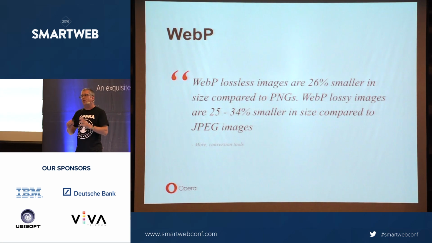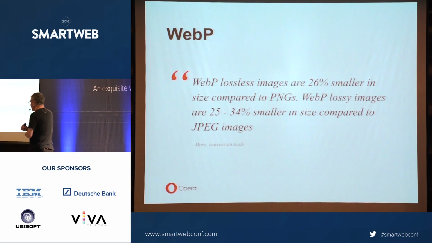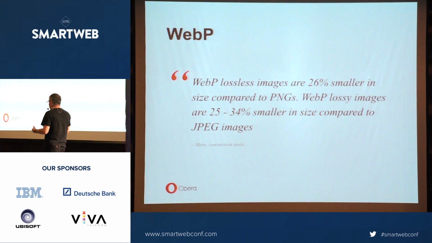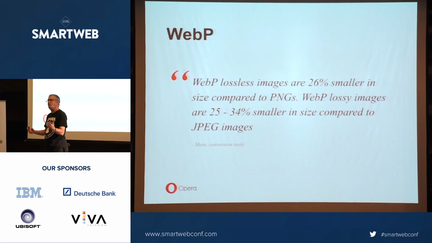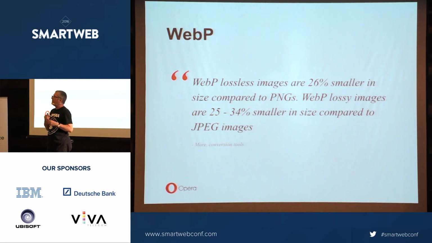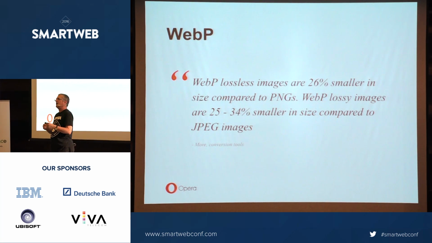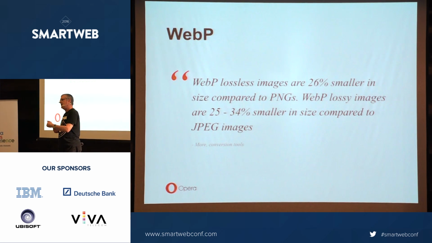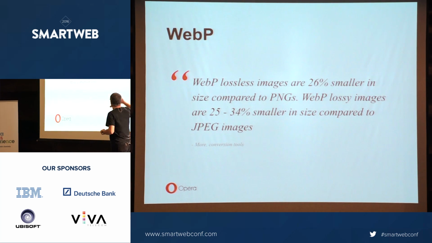WebP is such a good compression mechanism that from 2009, in Opera and the desktop and the mobile product, we have a mode called Turbo Mode, and we will transcode JPEGs and GIFs on the fly into WebP, because it's actually faster to transcode it into WebP and send the WebP to the client than it is to send the JPEG or the GIF. So this is really good.